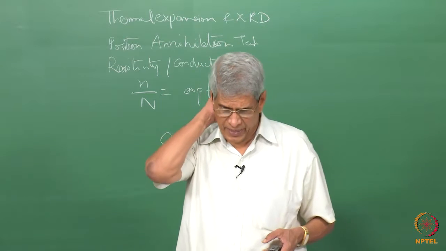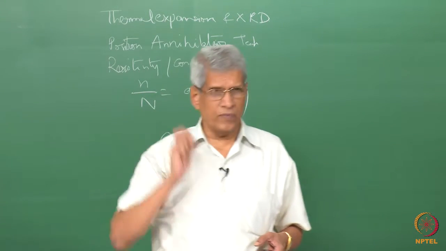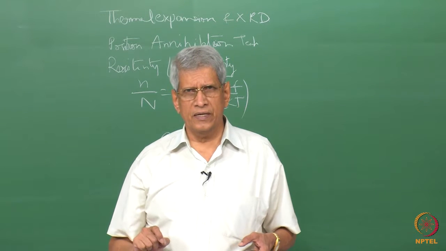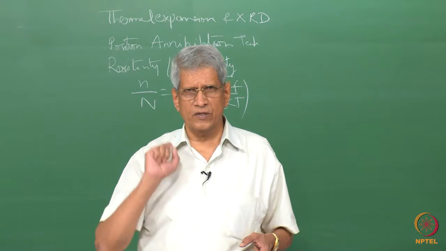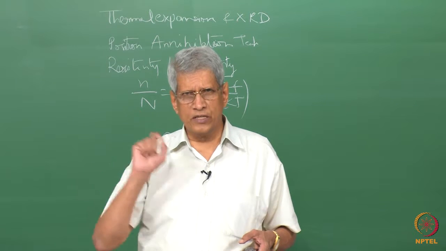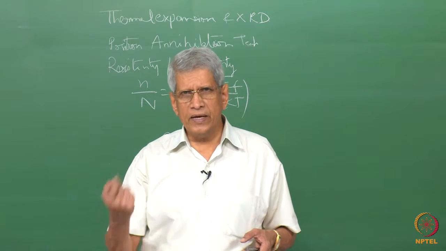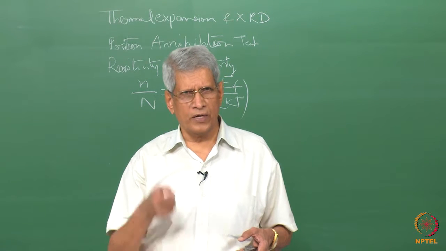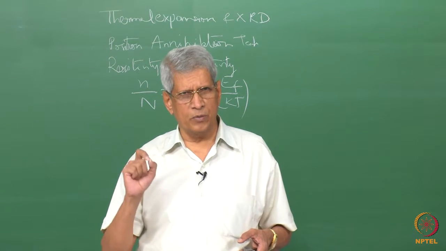So the initial signal that a positron has been generated is that, as soon as it is generated, a gamma ray is also generated. You detect that gamma ray. Then wait for the next gamma ray with energy 0.511 MeV to be detected.